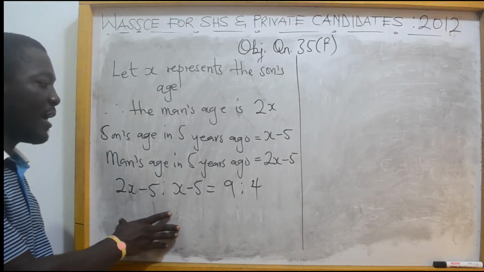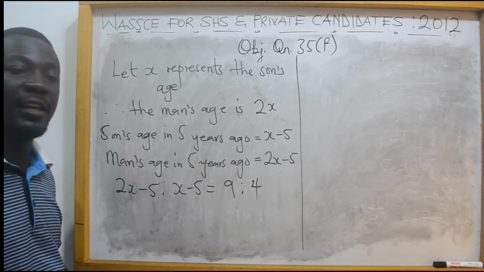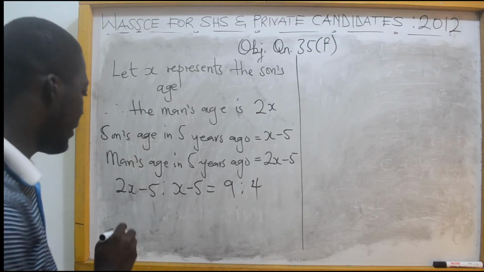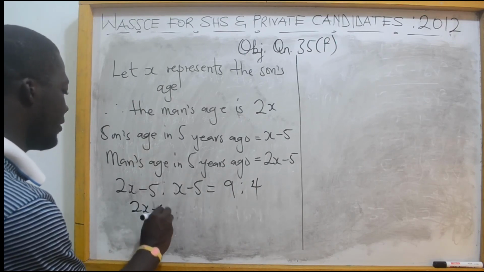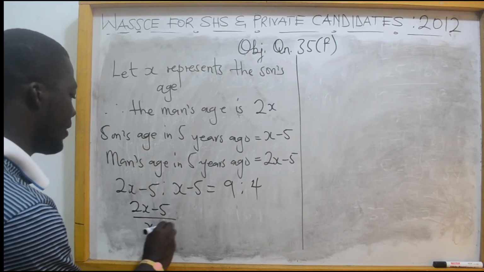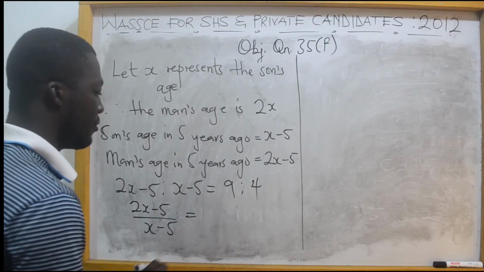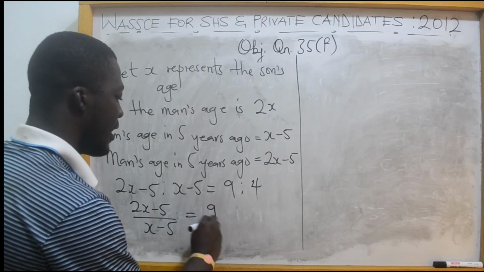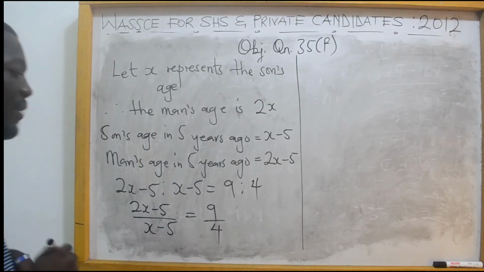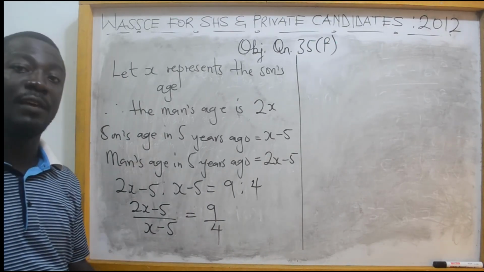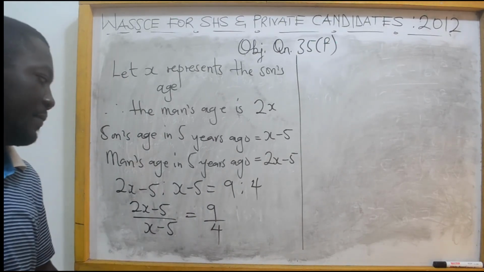And when we talk of ratios, we are talking of division. So we can rewrite the whole of this in a division form and get 2x minus 5 divided by x minus 5 should be equal to 9/4. And here as well, we can apply cross multiplication.